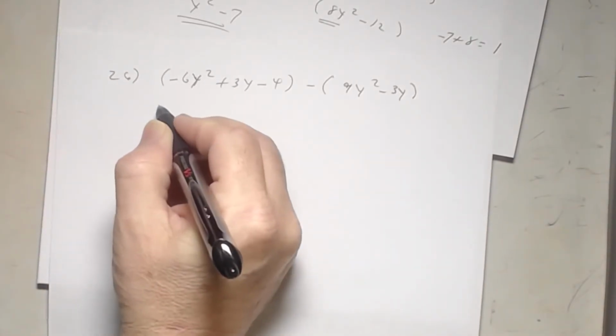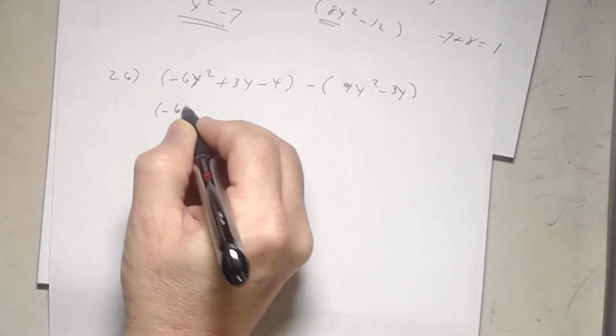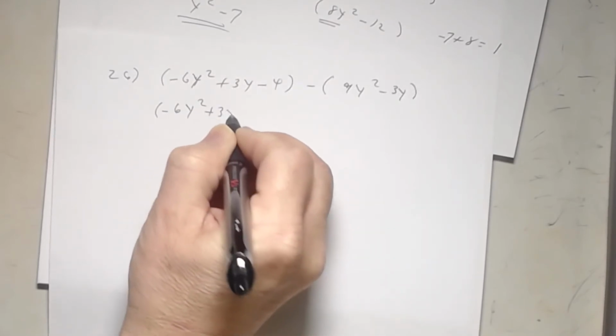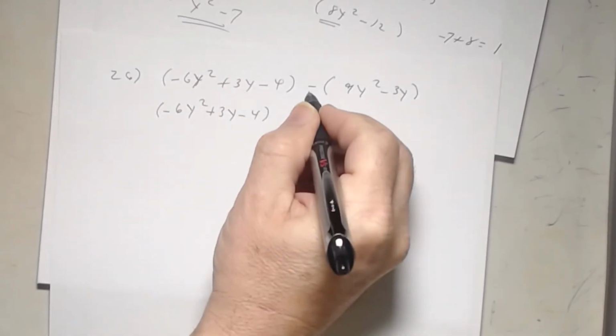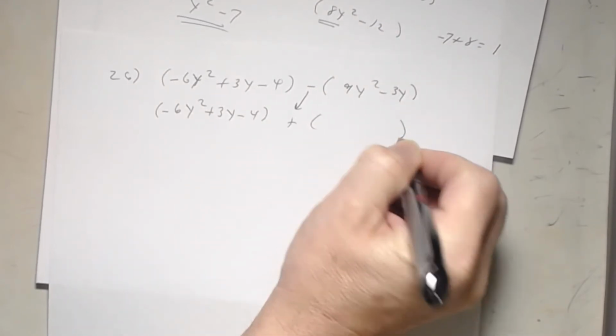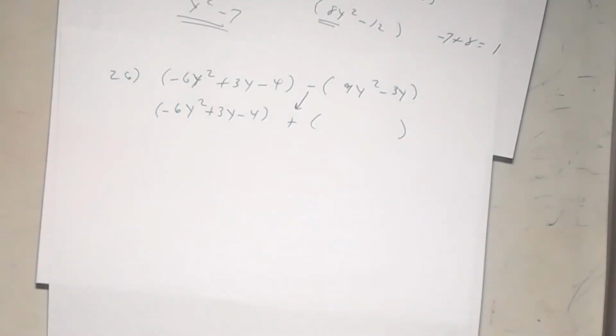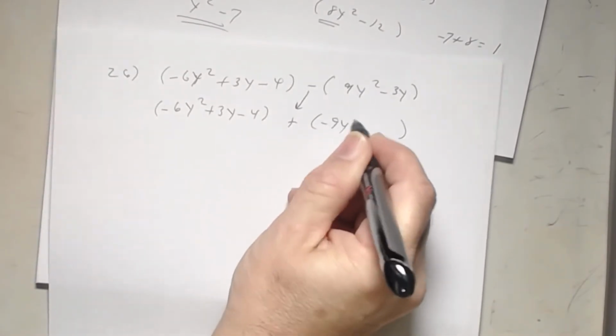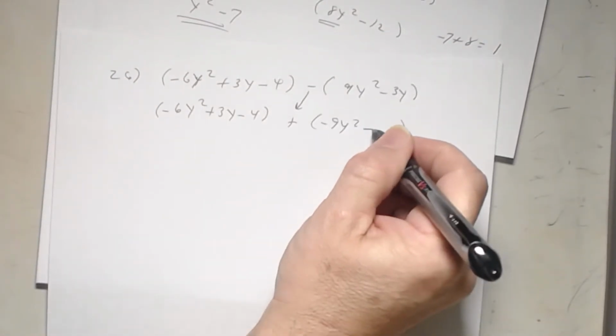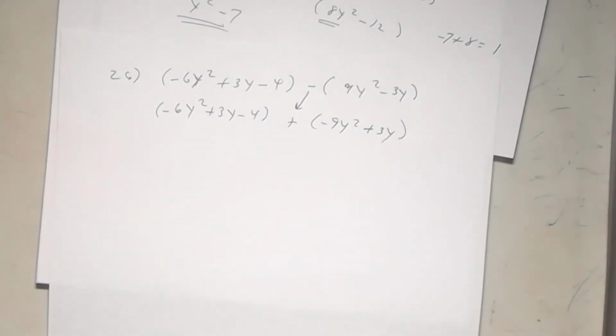All right, so what do you want to do first? Rewrite it as an addition problem. So the first polynomial stays as it is. I'm going to write that first polynomial, and then change the subtraction to addition. But when I do that, what do the terms of the second polynomial become? The opposite. What are they, though? Negative 9y squared plus 3y. And now I just combine them.